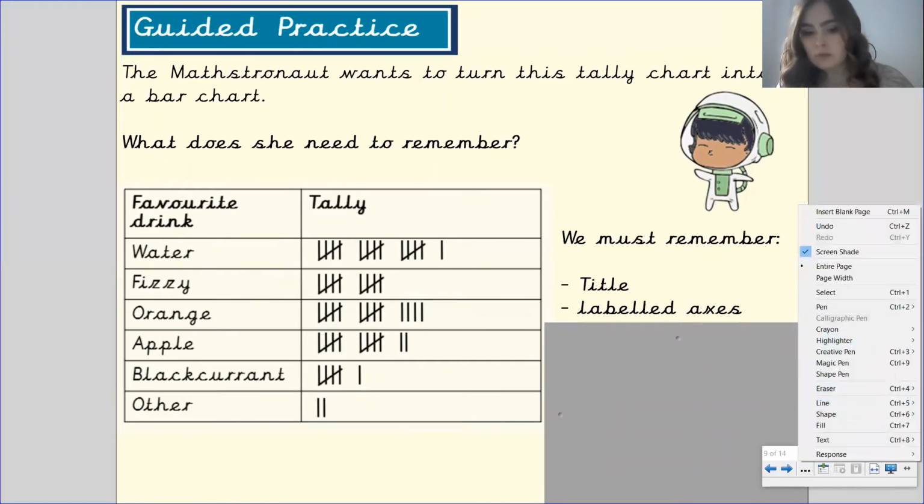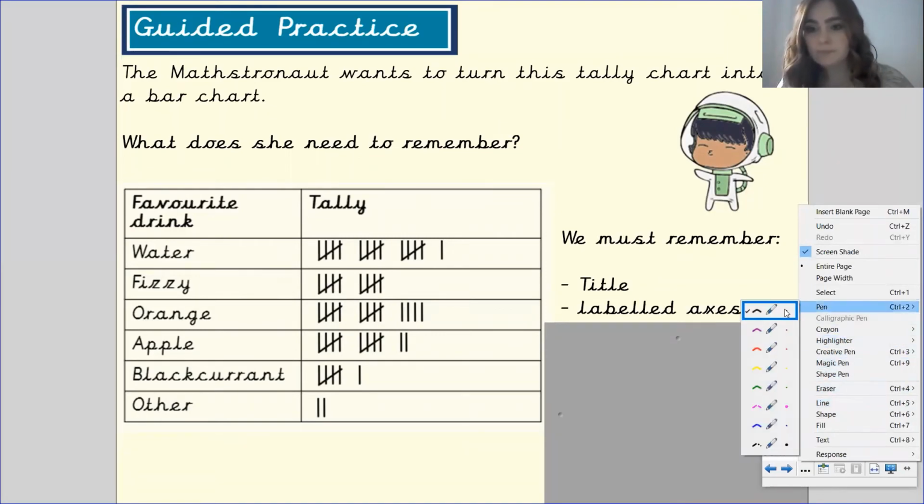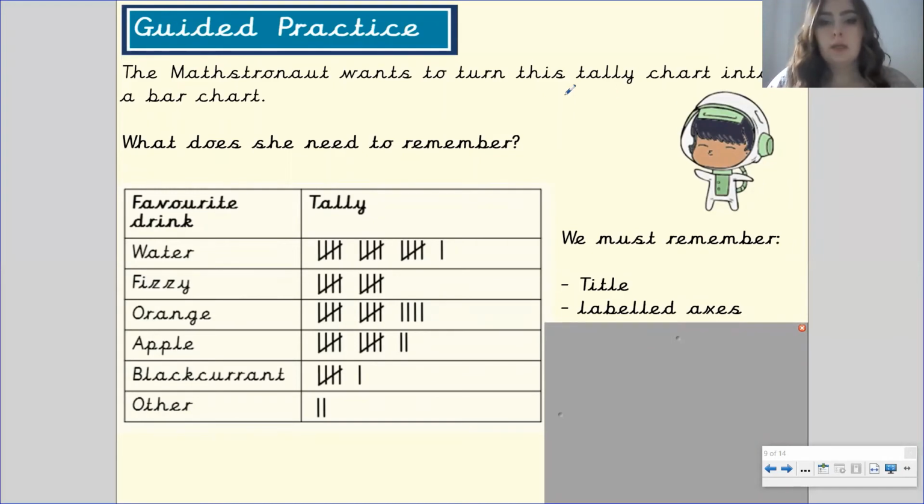So let's quickly draw that for you so that you can see. So if this is our bar chart, we'd need to have the title, which would be a bar chart to show favourite drinks.